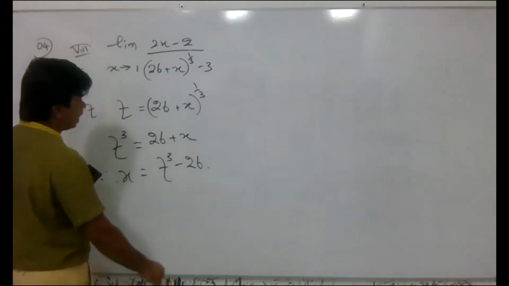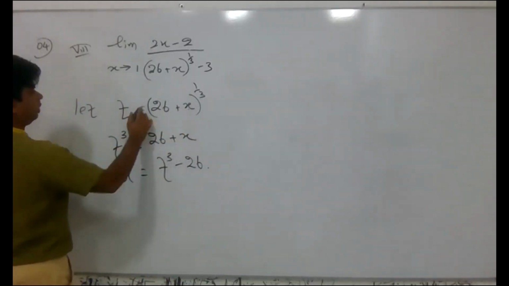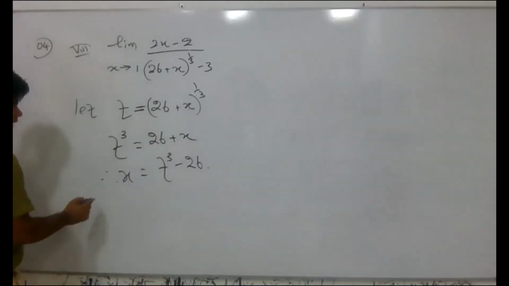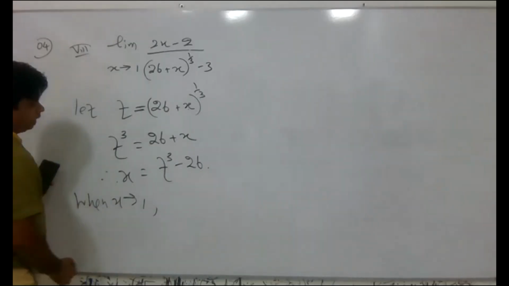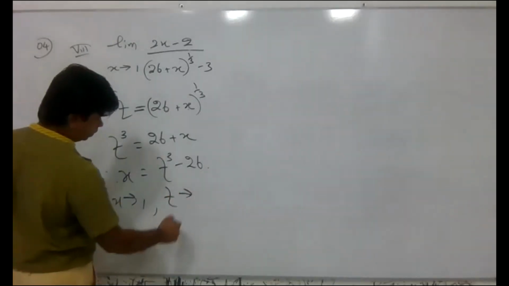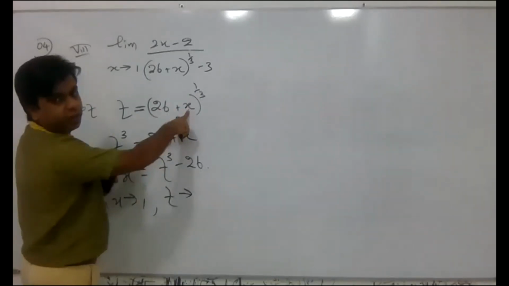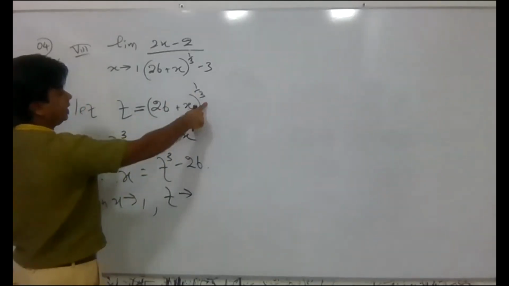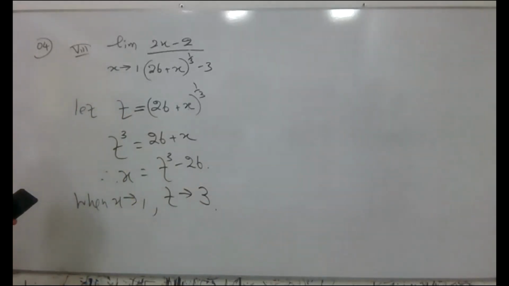This is the transformation of x to t. Now see, when x goes to 1, where does t go? Substitute 1 here: 26 plus 1 is 27, and 27 to the power 1/3 is 3. Therefore, t goes to 3. Clear? That's how we can write.